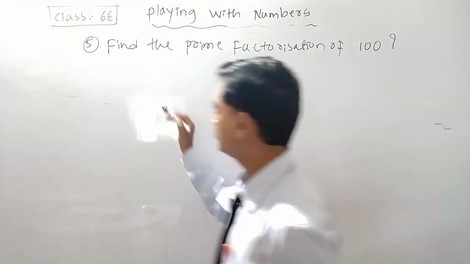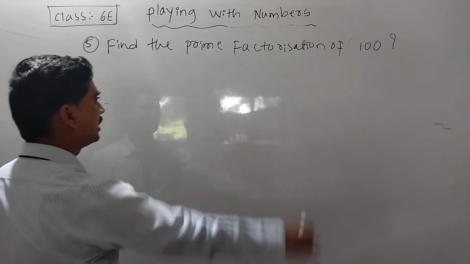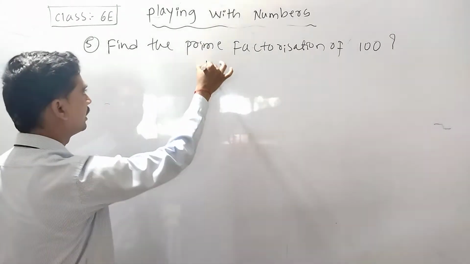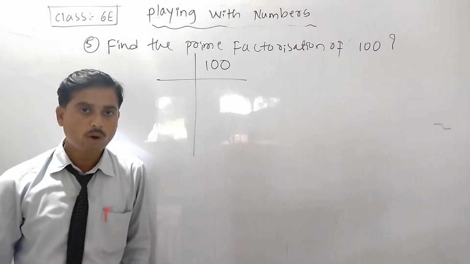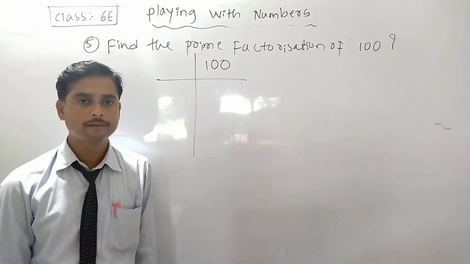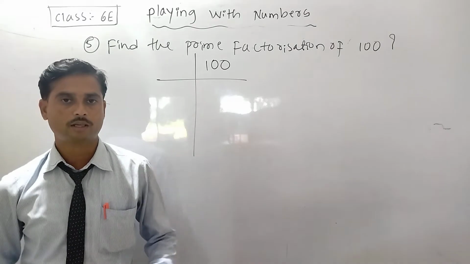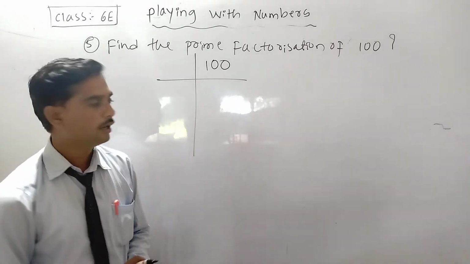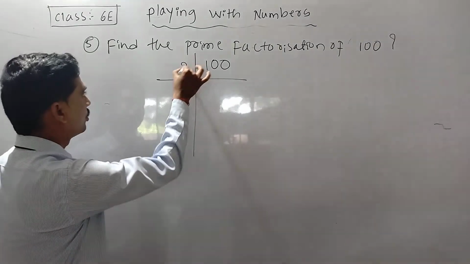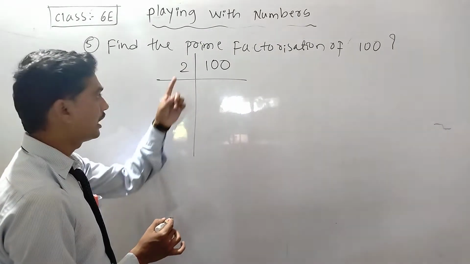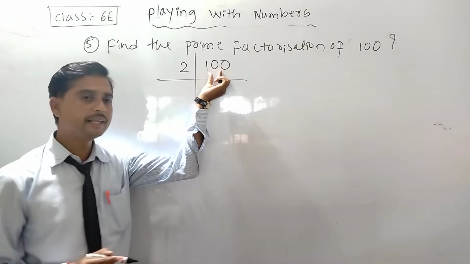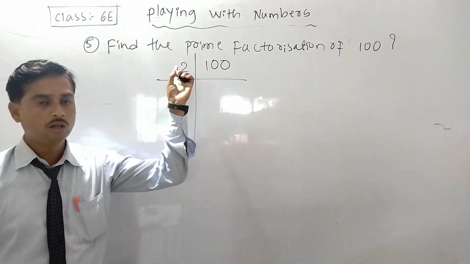Find the prime factorization of 100 means you have to divide 100 only by prime numbers. Now 2. Here I got 50 because 100 is completely divisible by 2.